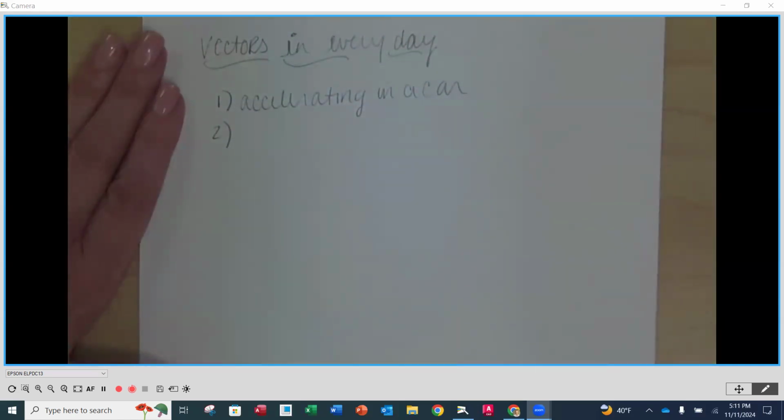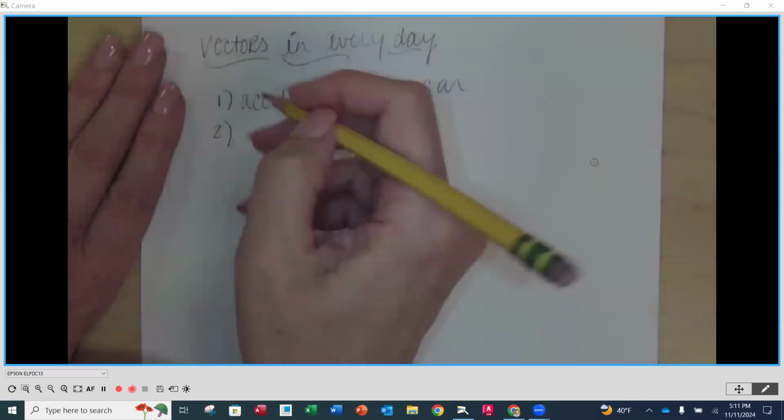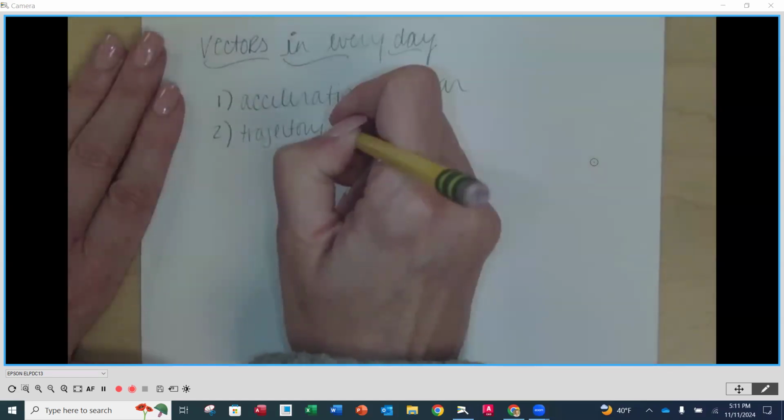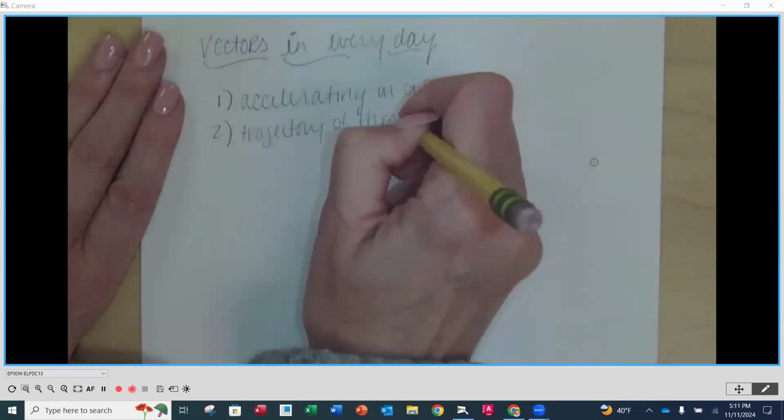Lex has sports things like throwing a ball. Well, how is throwing a ball a vector? Direction and magnitude of a trajectory. Okay, so the trajectory of throwing a ball.